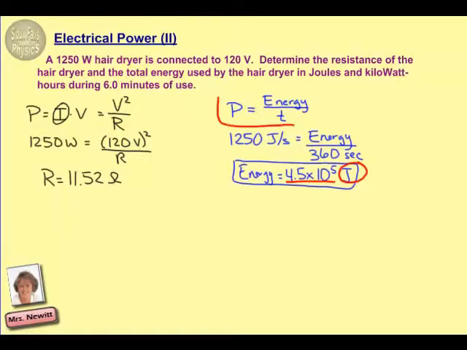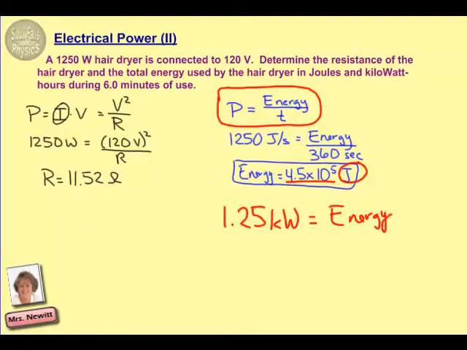we go back to our original equation of power equals energy over time and substitute slightly different labels this time. Originally, we had 1,250 watts. If we convert that to kilowatts by moving the decimal, we would have 1.25 kilowatts. We are again looking for energy as our unknown.